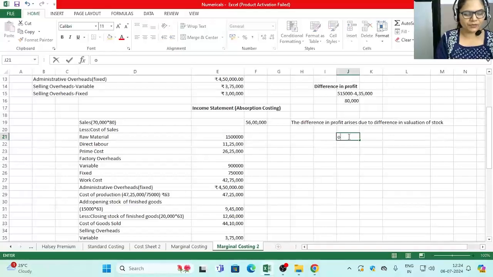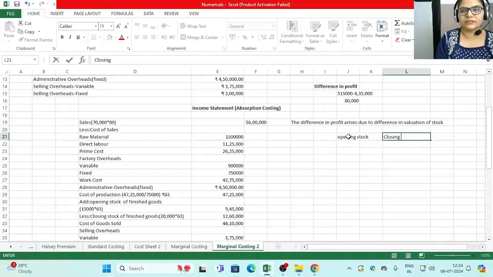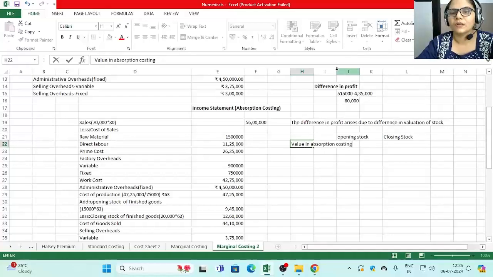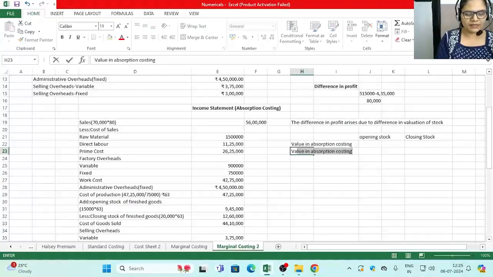First of all, we will write over here opening stock, and then we have closing stock. Now, let us explain this concept: value in absorption costing and value in marginal costing.